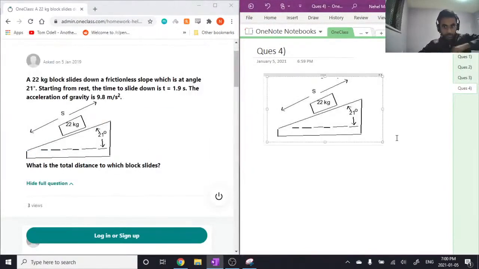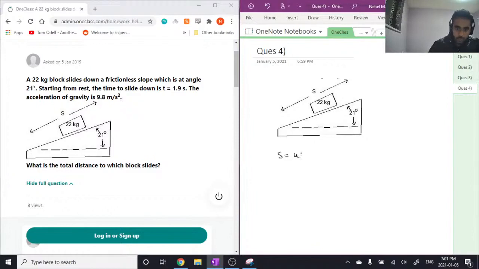All right, let's first write the equation of motion, which would help us solve this. We're given we're at rest and we know the time, so we would use s equals ut, which is initial velocity, plus half at squared.